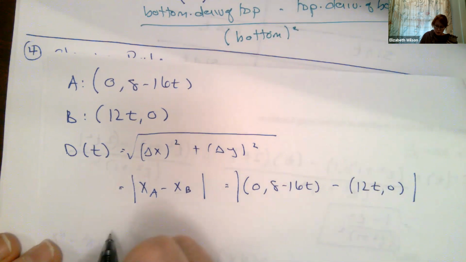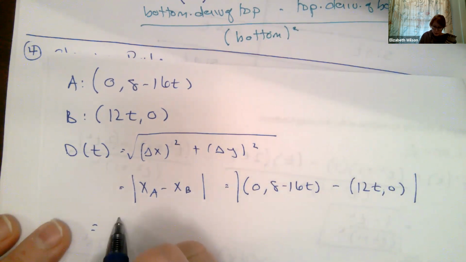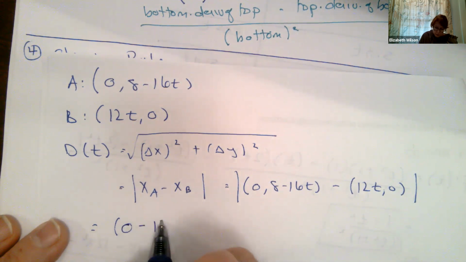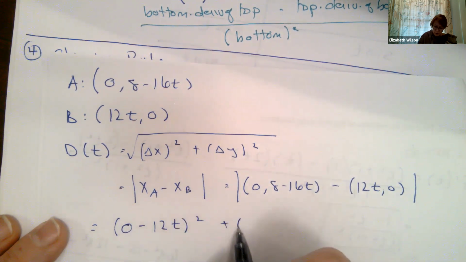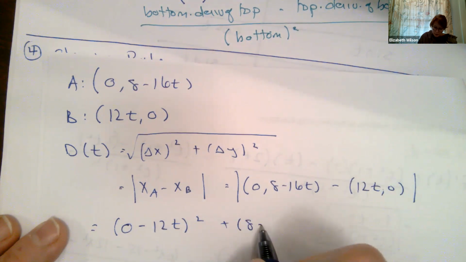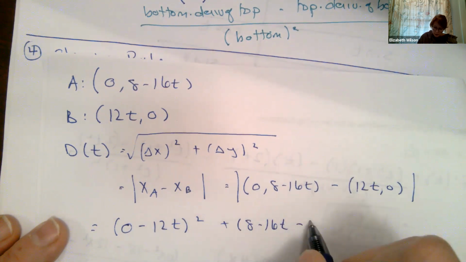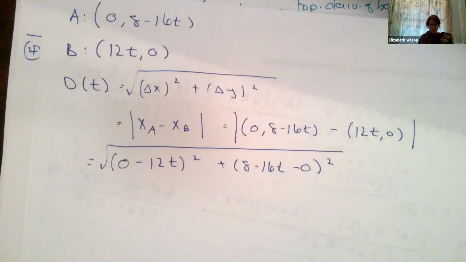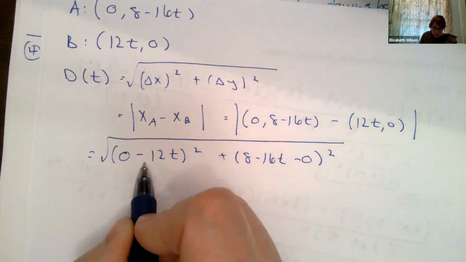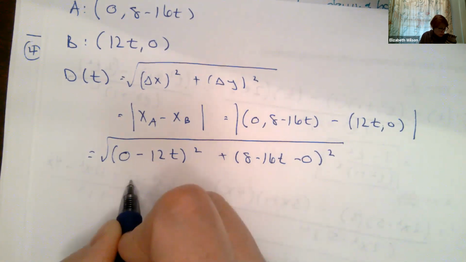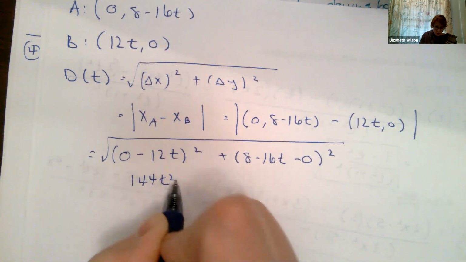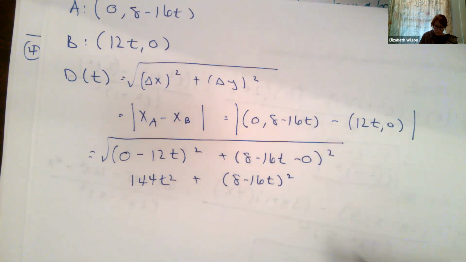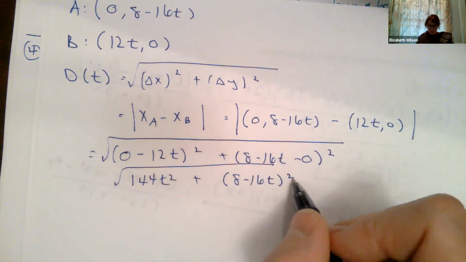Okay, so when we change the x's, so I'm going to go, let's see, 0 minus 12t squared plus this here, 8 minus 16t minus 0 squared. Add them together and square root it. Okay, so this is going to be minus 12t squared. So this is 144t squared. Plus, this is going to be 8 minus 16t quantity squared. I've got to do a FOIL on that.